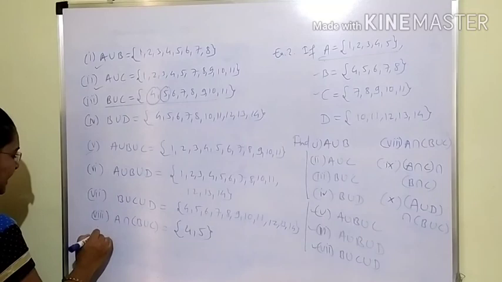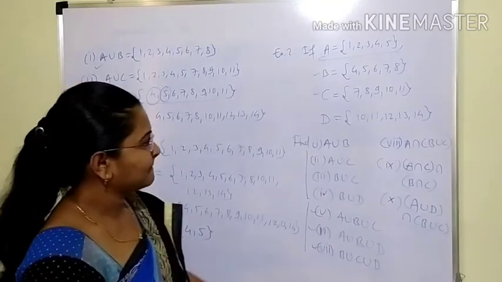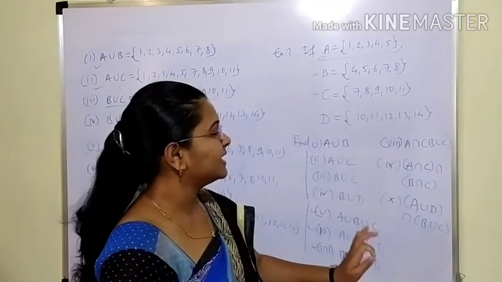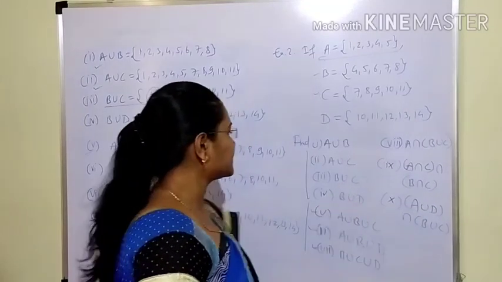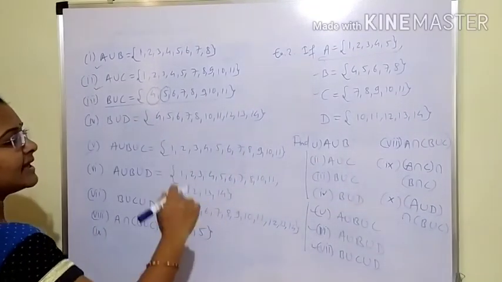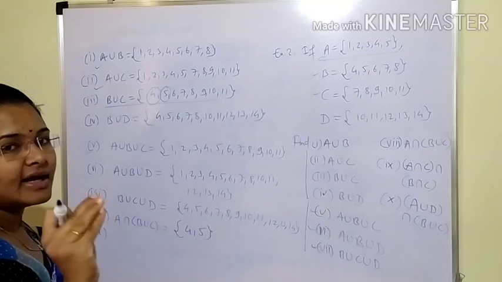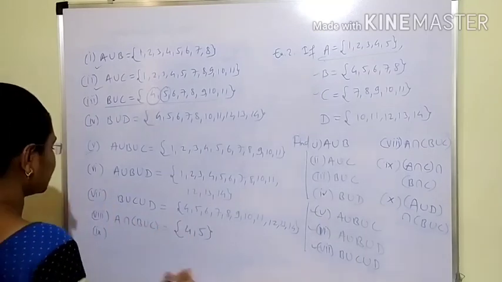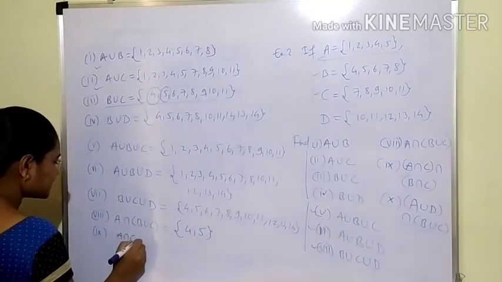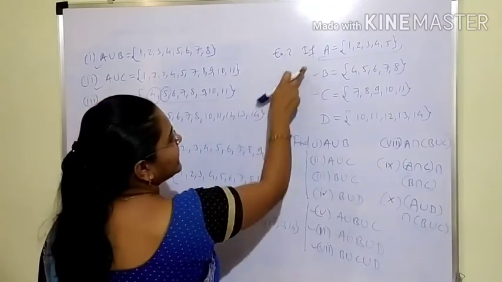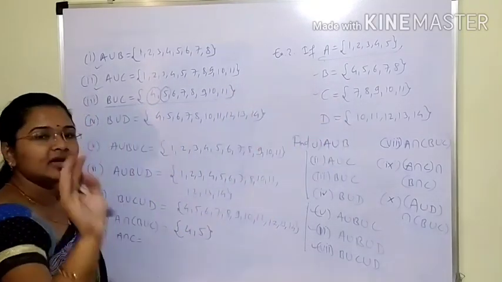Then 9th question, A intersection C intersection B intersection C. Now for writing this set, we need to find A intersection C and B intersection C. So what is A intersection C? Set A and set C are not having any common element.